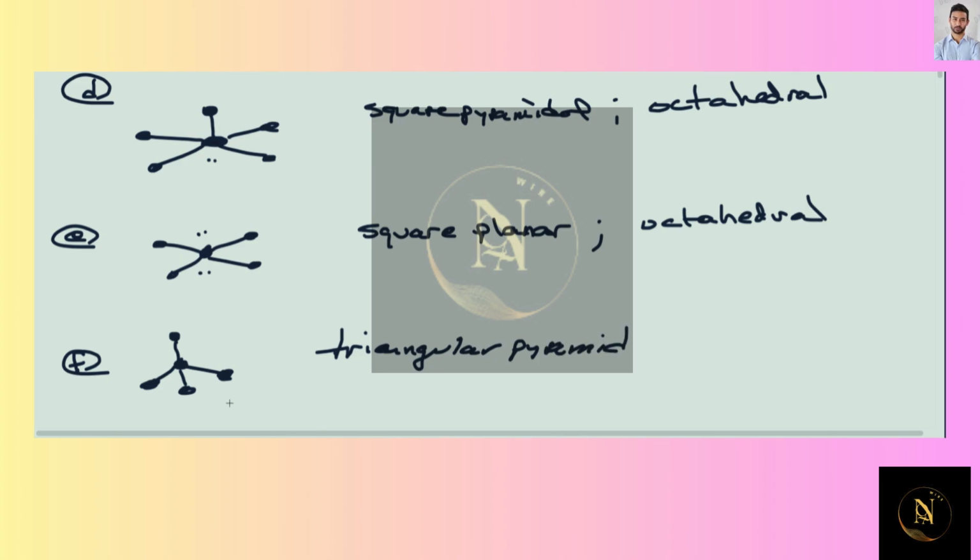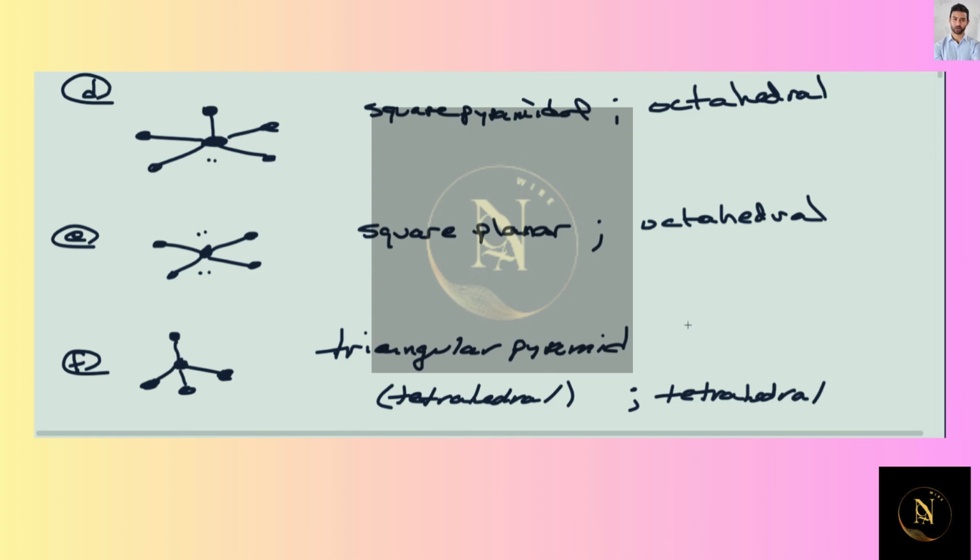Now, I think that you could make the argument with that shape that you might want to call it tetrahedral. And if you did call it tetrahedral, that would be the same electron-domain geometry.